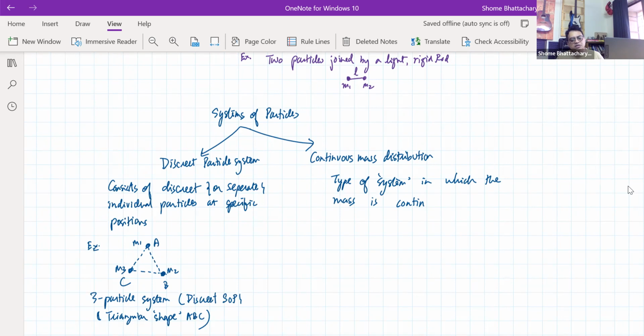So the mass is continuously distributed over the geometrical space occupied by the system.